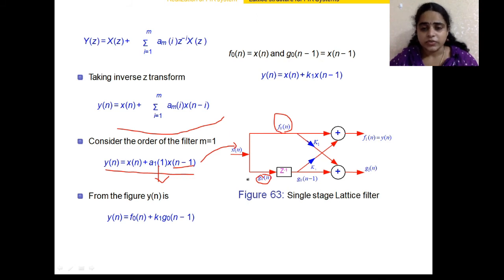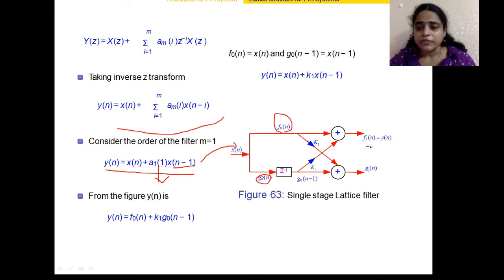So x(n) for one function will go directly, and for the other function it will go with some delay. So we have to keep a z inverse block here. Generally we consider this in the down path of x(n) for our lattice structure, so g0(n) will become g0(n-1).